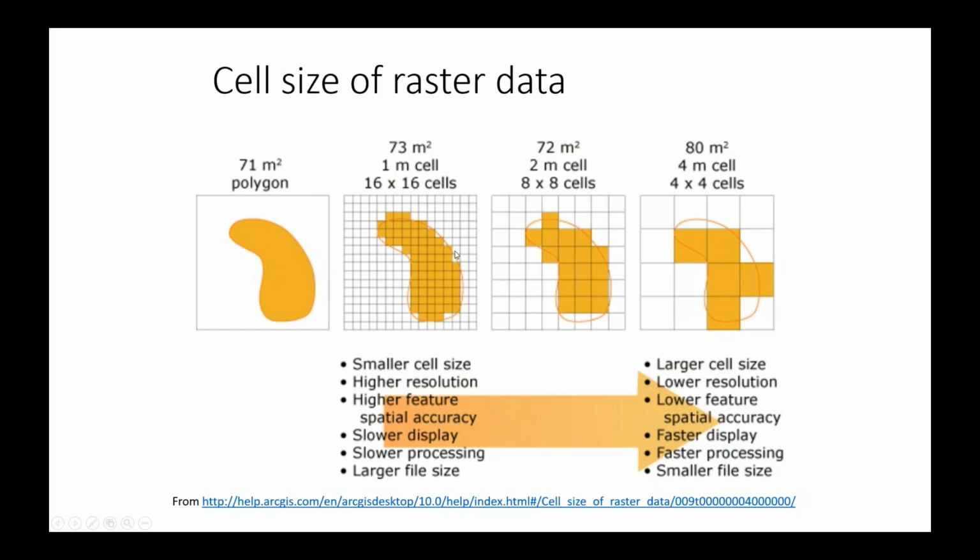Then moving a little bit to the left, you get smaller cells and smaller cells. You have higher resolution data, and you get higher feature spatial accuracy, but you get slower display and slower processing than with larger cell sizes. So there's a trade-off between how accurately the information is represented and the scale or cell size.